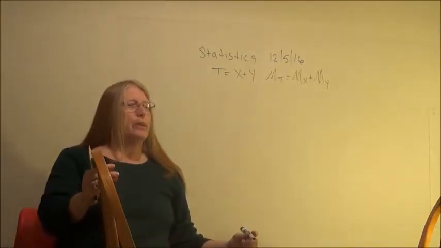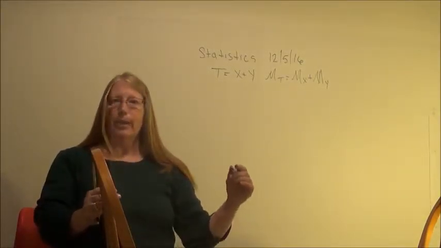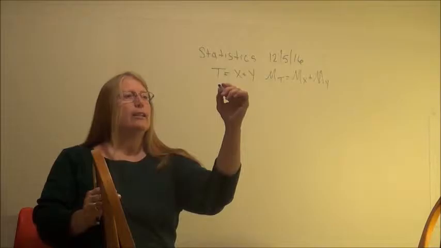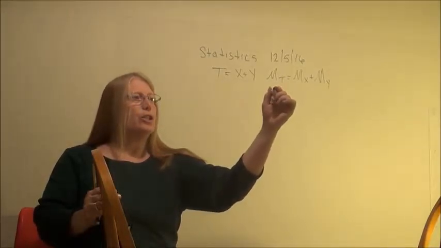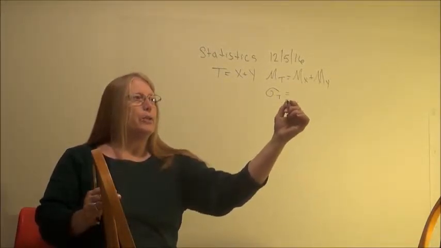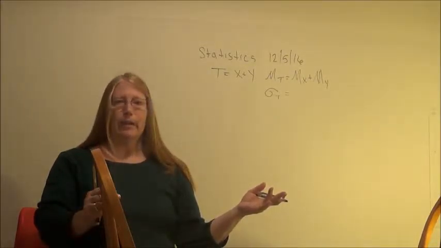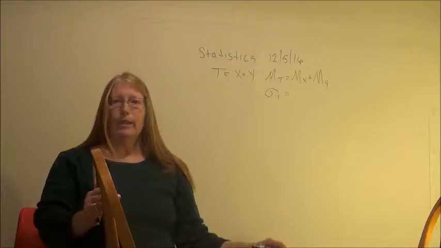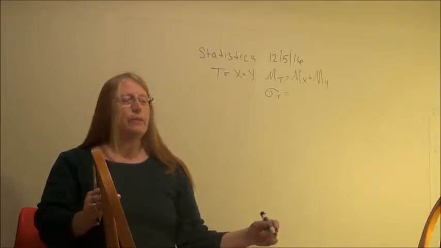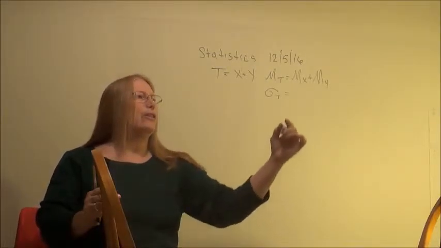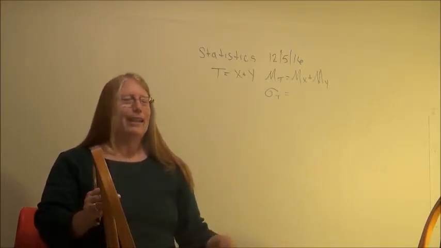So we were comfortable with that, and then we went ahead and did the standard deviation of the total, which would have been nice if we could just add the standard deviation of the x random variable to the y, but no go.